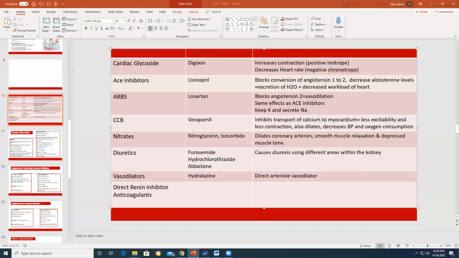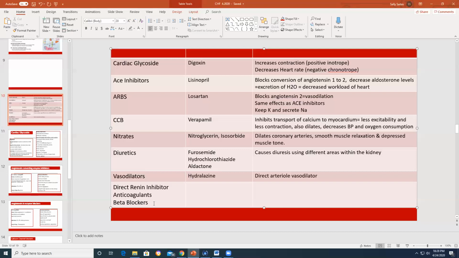And then the one thing that I'm missing here is the beta blockers. How can I forget that? So our beta blockers, as we have looked at them before, work on our sympathetic nervous system, blocking some of that sympathetic response, which will decrease our heart rate and decrease our blood pressure, which then also decreases the workload of the heart.